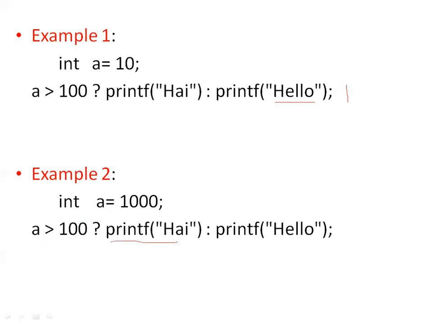Then it executes the first printf statement, and hi is printed onto the screen. So this way, the conditional operator can be used in an expression, and based on true or false, one of these statements will be executed.